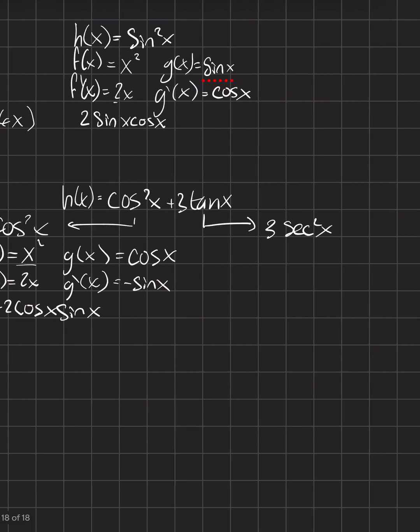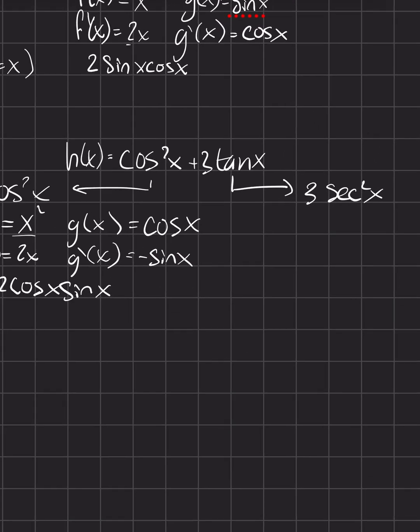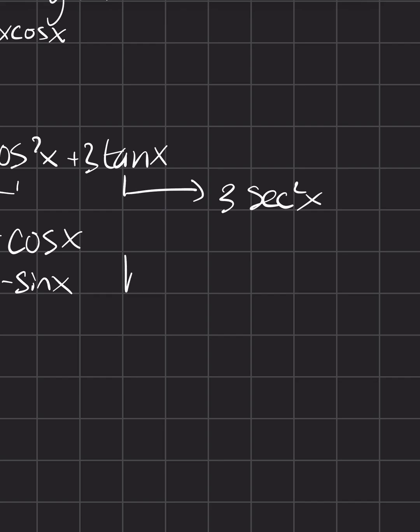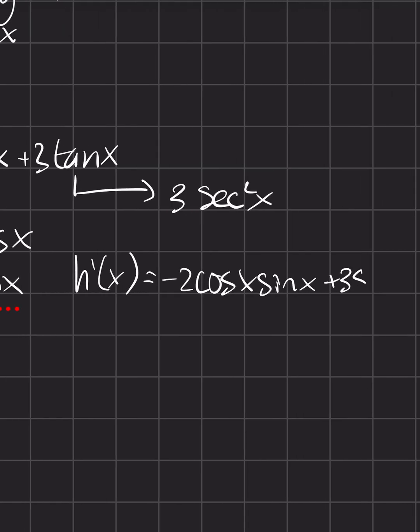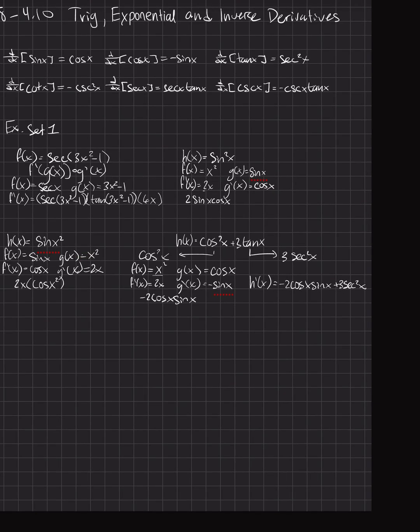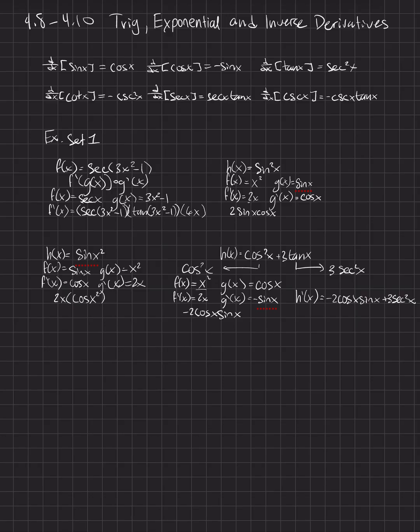Then all we have to do is add that on to our derivative of 3 tangent, and here, I'll bring it over here. We get the derivative of h of x is going to be negative 2 cosine x sine x plus 3 secant squared x. Boom. And that covers everything you need to know about trig derivatives.